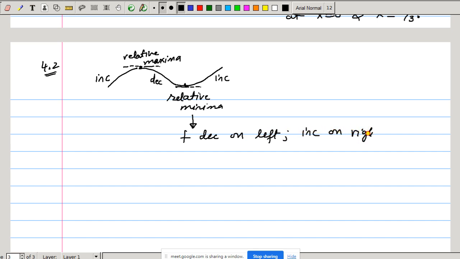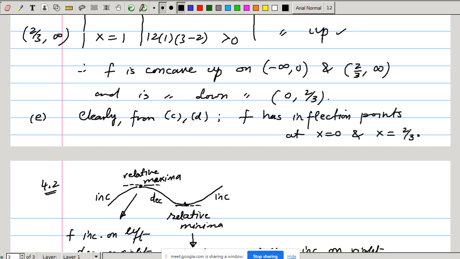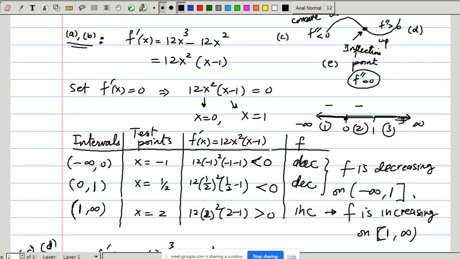If this type of thing happens, it means you have a relative minima over there. And at relative maxima you have the opposite: f increases on the left and decreases on the right. If this type of thing happens, then you have maxima there. So you see, mathematically it is the same thing that we did here.